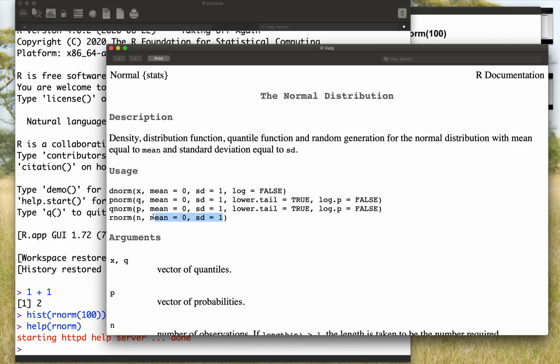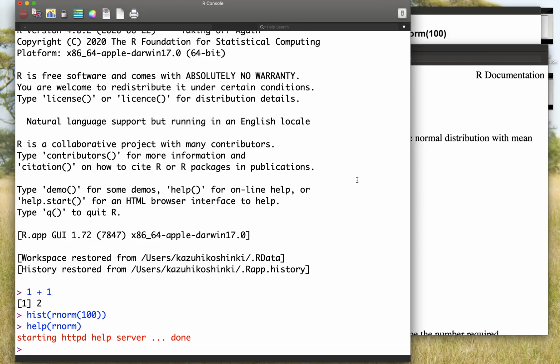We can change this mean and standard deviation if we specify these options. This is the Mac version. If you use Windows or Linux, it looks slightly different, but basically all functions are the same.